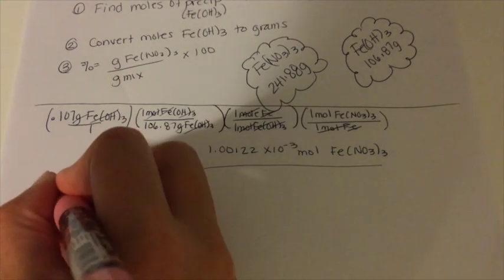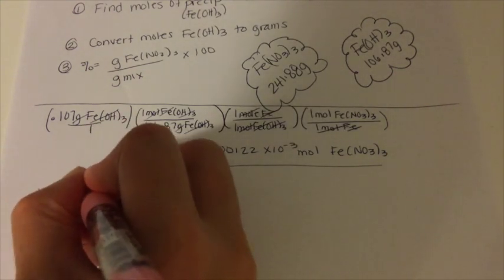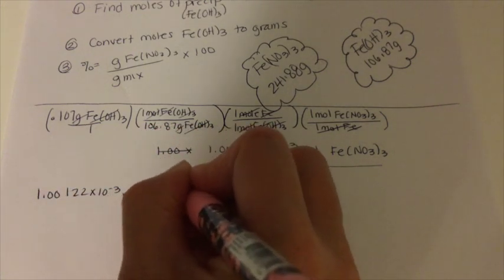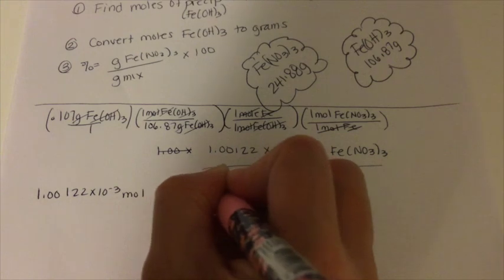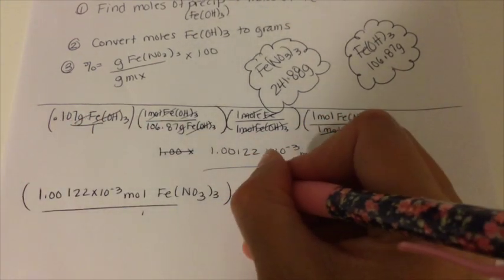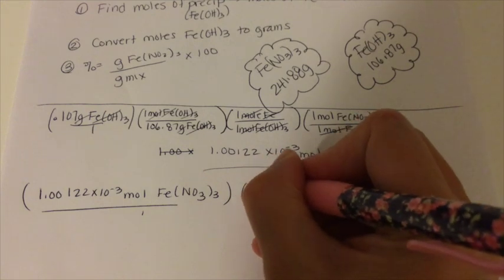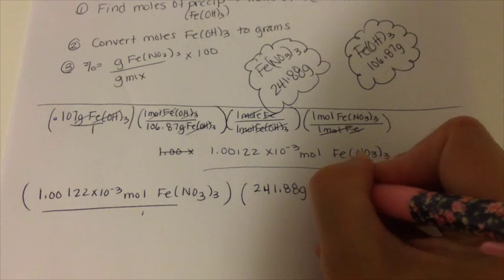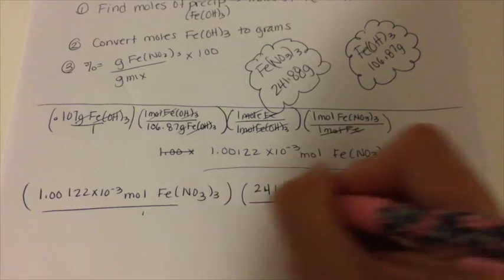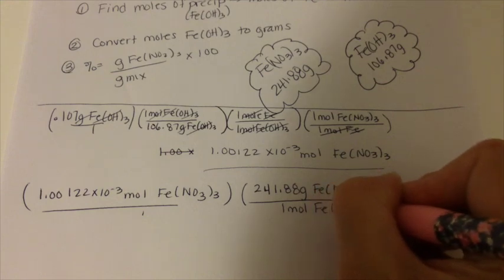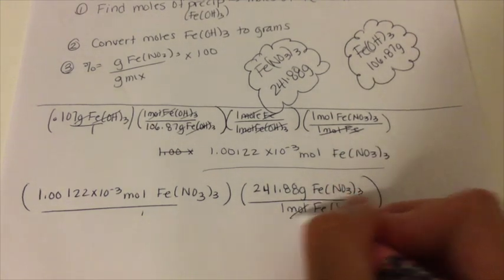So if we have this many moles of iron 3 nitrate, all we need to do is multiply by the gram formula mass over 1 mole.